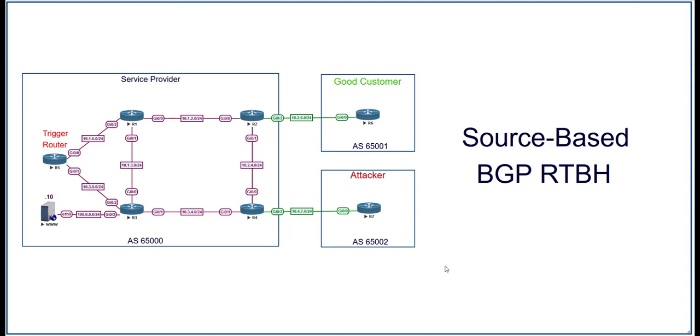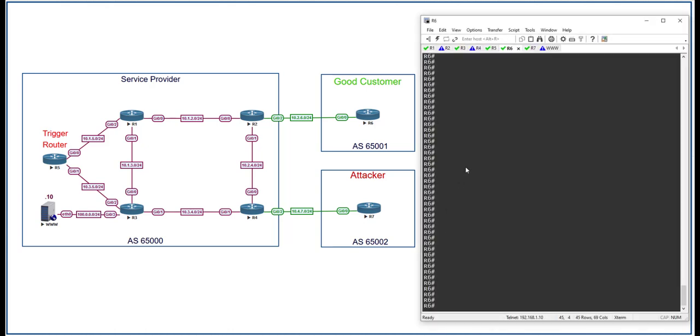Let me first show you that we have connectivity from router 6 and router 7 to the server. With the ping command, ping 100.0.0.10, we have connectivity, and also router 7 ping 100.0.0.10, we have connectivity.